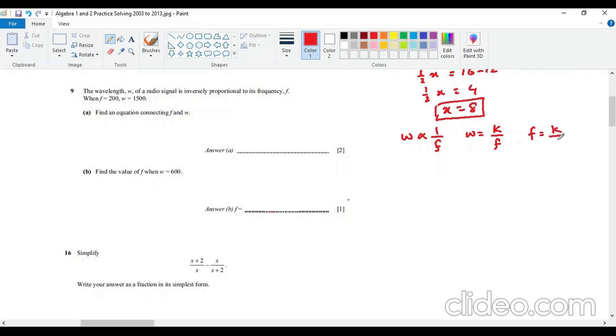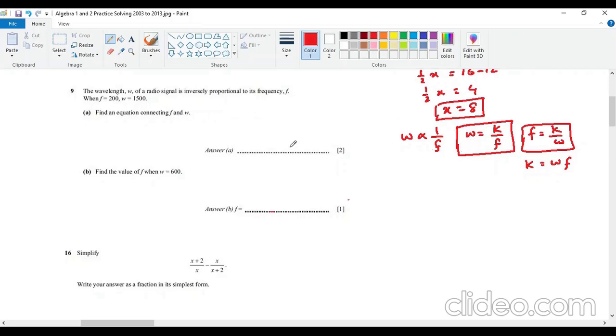For the sake of convenience, I'm doing it here itself. And if we need to find out k, it is going to be equal to w multiplied by f. Anyways, write an equation connecting f and w.